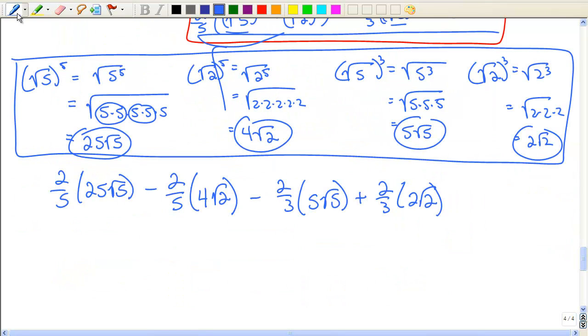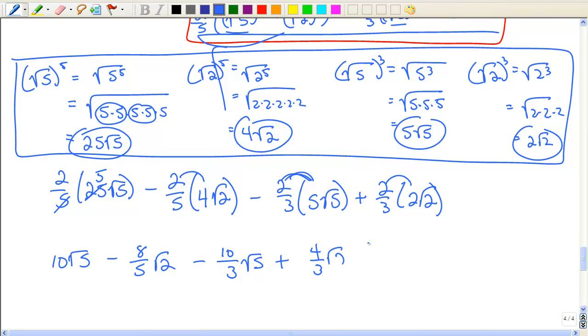Well, I do have some like terms, but let's go ahead and simplify some of these fractions. So 5 goes into there 5 times, so that's 10 square roots of 5. If I multiply that, that's going to be minus 8/5 square root of 2. Multiply those two, I've got 10/3 square root of 5. Multiply those, I've got 4/3 square root of 2.